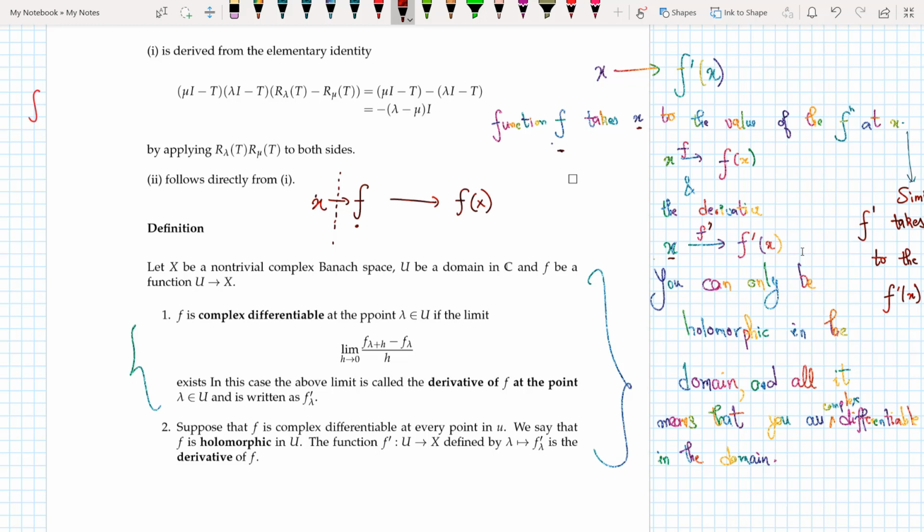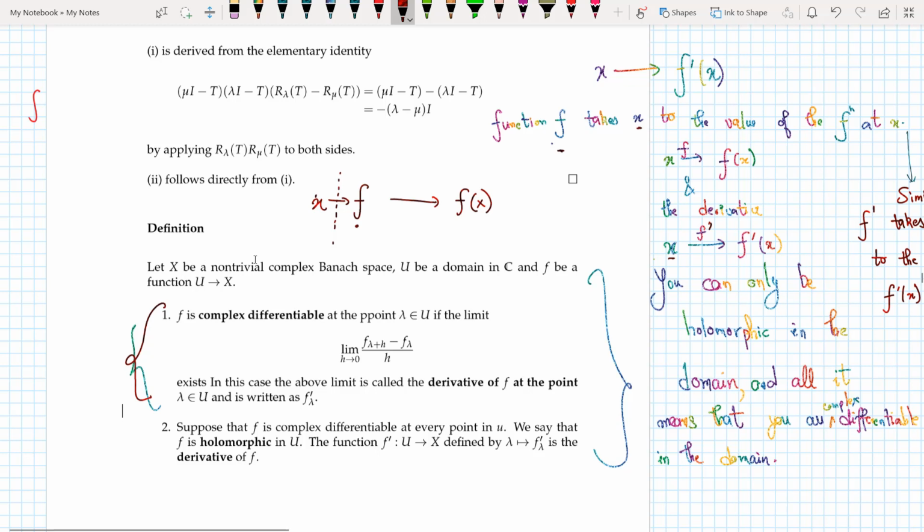Now you can only be holomorphic in a domain, and all that means is that you are complex differentiable in the domain. I have given the definition of complex differentiable.